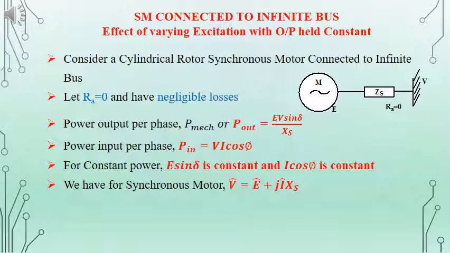And for P in, that is the electrical input to synchronous motor, to be constant, I cos phi should be constant because V is already constant since it is connected to infinite bus. And the general voltage equation for synchronous motor can be written as V equal to E plus j I XS. Here also remember Ra is considered to be negligibly small.